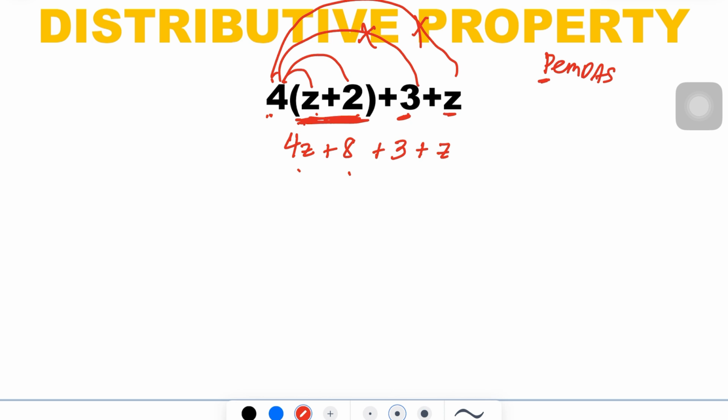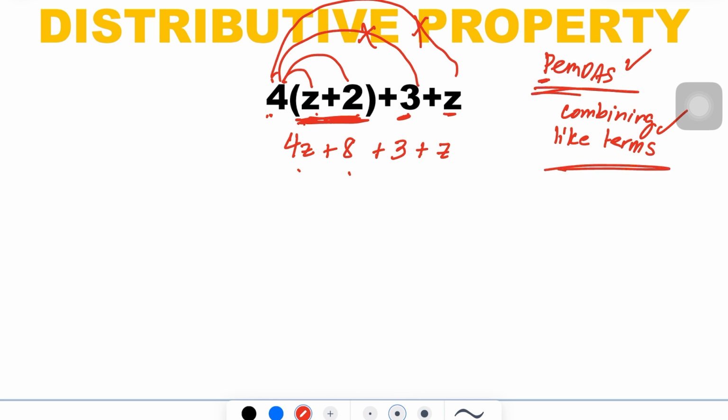Remember your concept of combining like terms. That's why I taught you these things first, because you're going to use them when we reach this topic and the succeeding topics. You need the fundamentals, you need the basics. So, combining like terms: 4z and z. Can we combine them? Are they like terms?